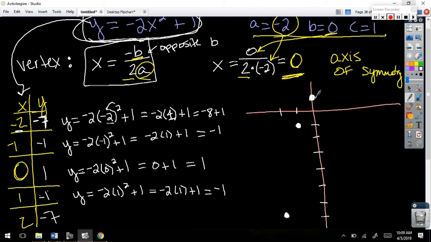We can do this, you guys. 1, -1. And 2. Remember, this one's on your paper for you already graphed. All right, now look, when you do this, it's not a V, okay? A parabola doesn't do this. You have to curve this top out around, okay? So, let's connect it.